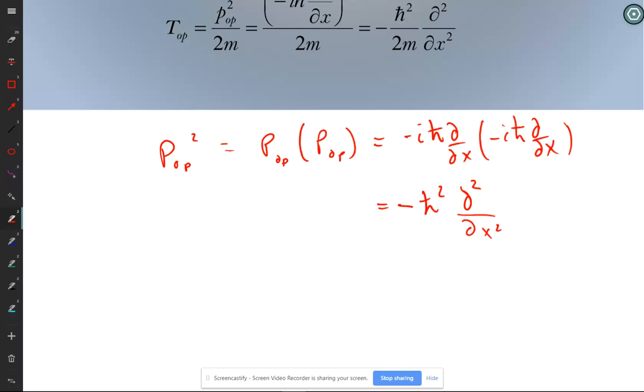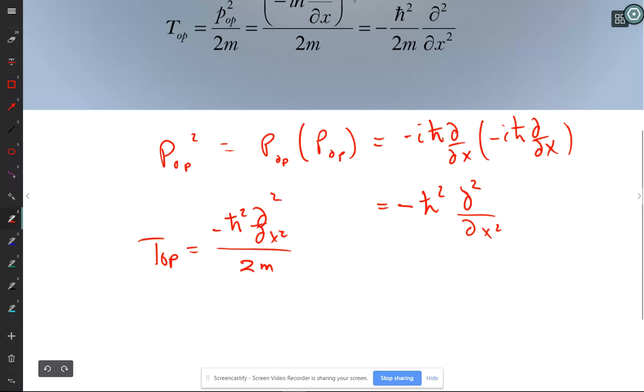So this here is the p operator squared. And so the kinetic energy operator is going to be that divided by 2m. So there's our kinetic energy operator.